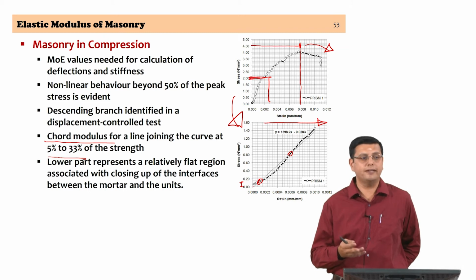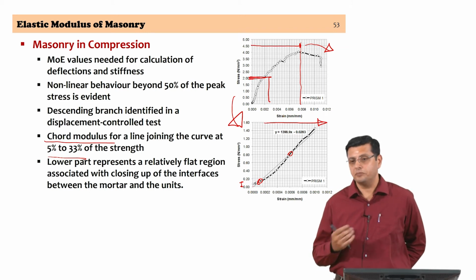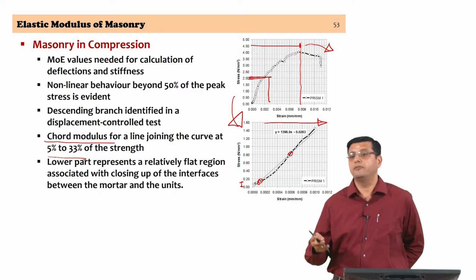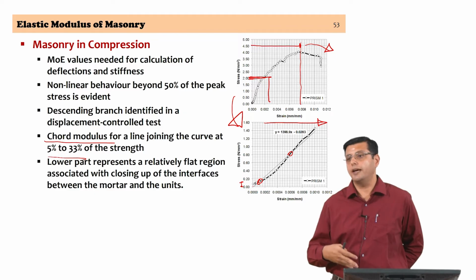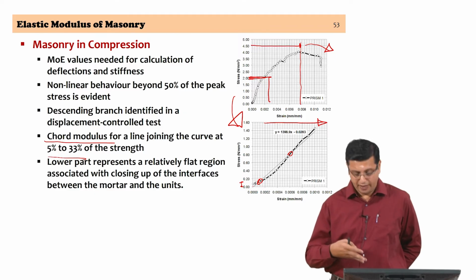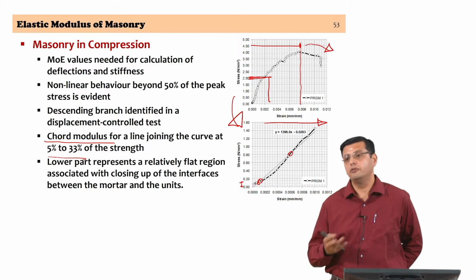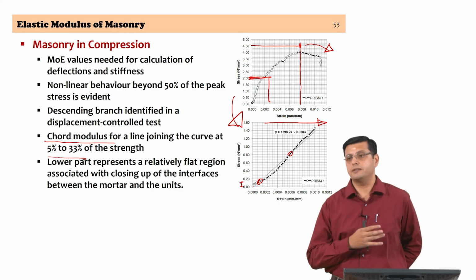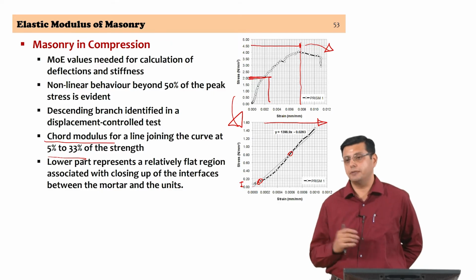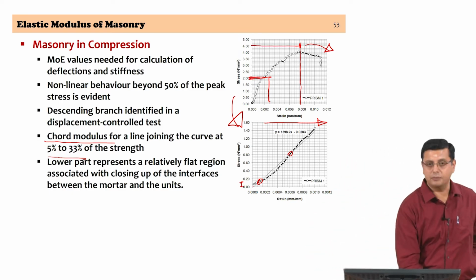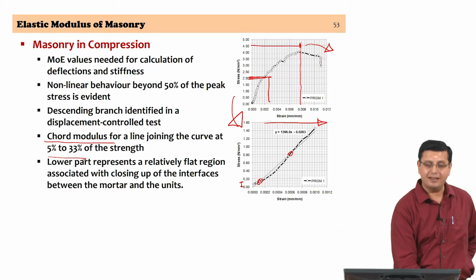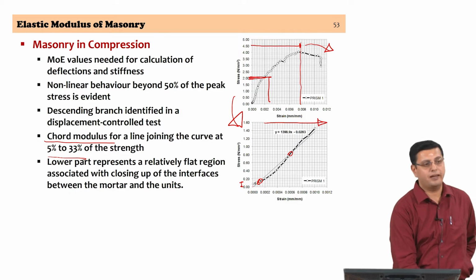Some codes require that you test a minimum of 3 prisms, other codes require that you test 5 or 6 and take an average of the compressive strength, and then you can also look at the stress strain curves and arrive at modulus of elasticity values from the average estimates across the set of specimens that you are testing. So, please keep in mind that it is not one single specimen that you are depending on for arriving at these average compressive strength values or the average modulus of elasticity values.